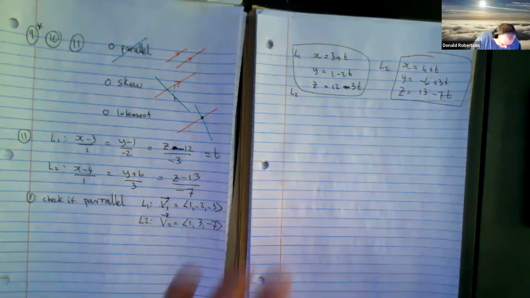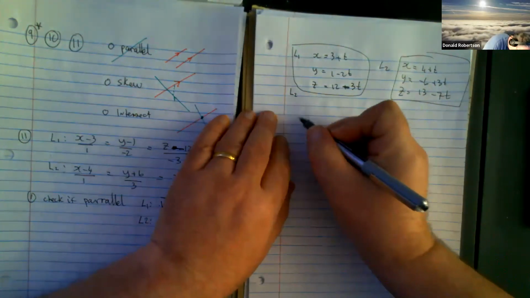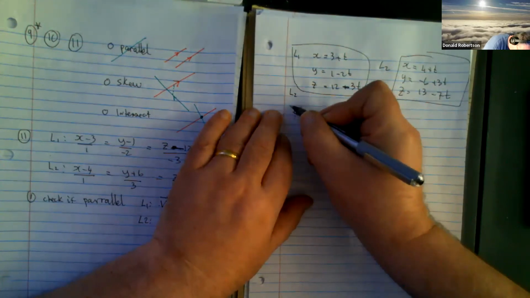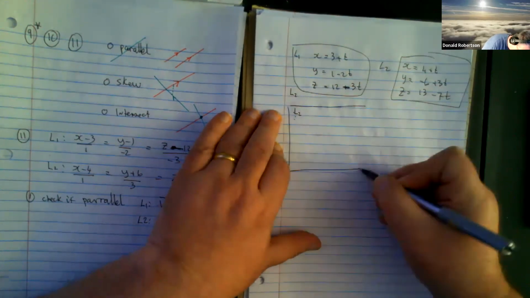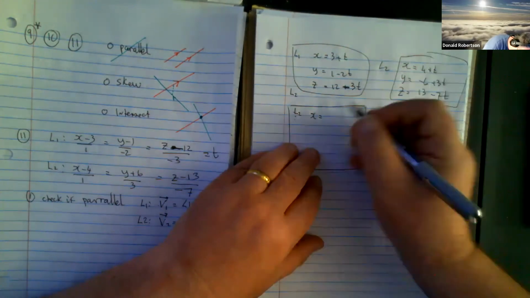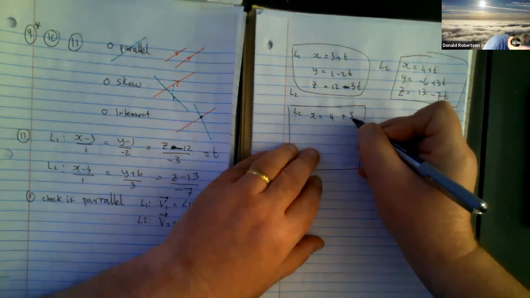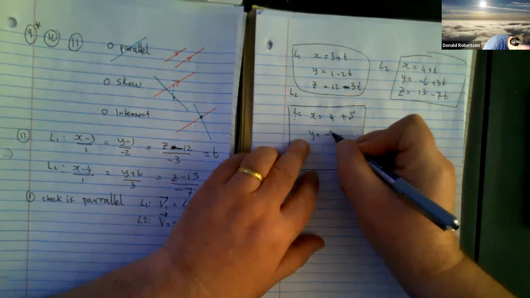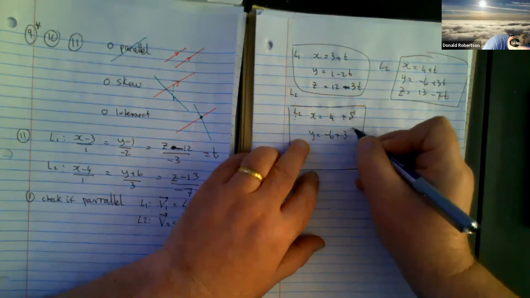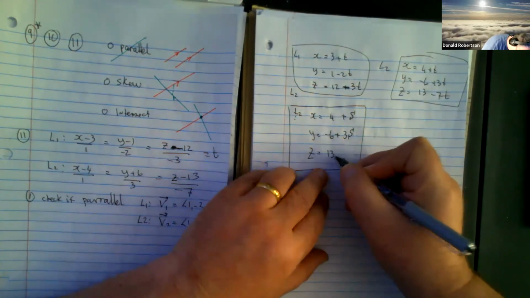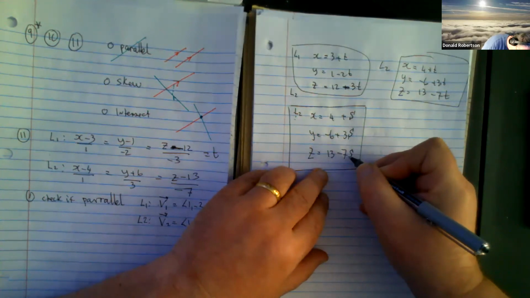And I just made a boo-boo, so I will rewrite it down here. And x is not going to be 4 plus t, it's going to be 4 plus s, and y is going to be -6 plus 3s, and lastly, z is going to be 13 take away 7s.